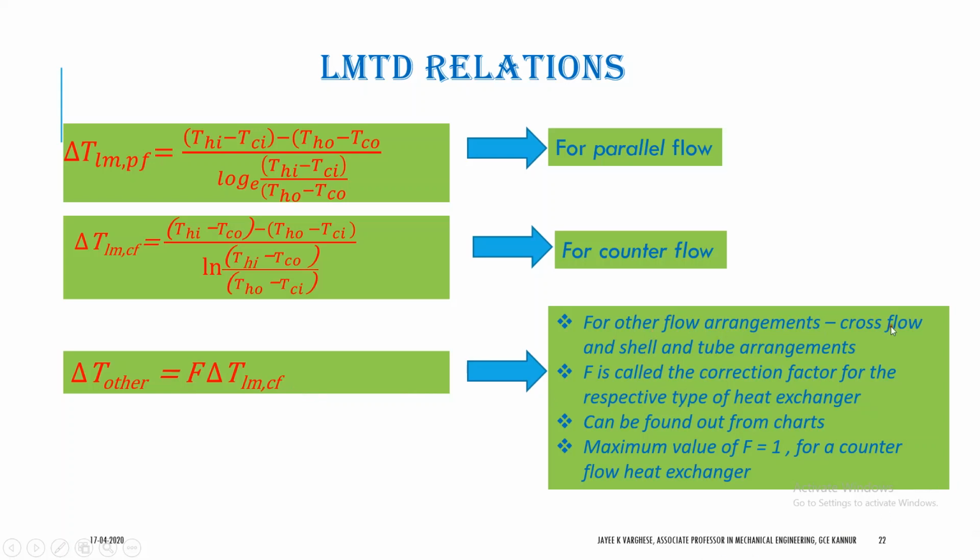So for other flow arrangements, cross flow and shell and tube heat exchangers, F is called the correction factor for the respective type of heat exchanger, which can be found from charts. The maximum value of the correction factor will be that for the counterflow, equal to 1.